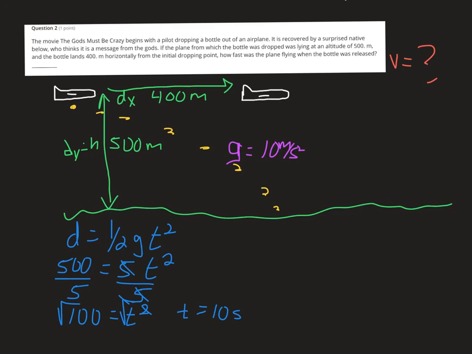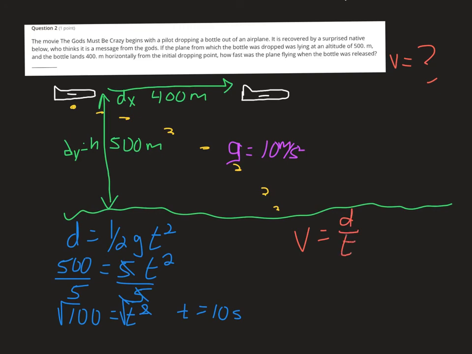From there, I can take that bit of information and utilize an equation we've done before: velocity is equal to distance divided by time.